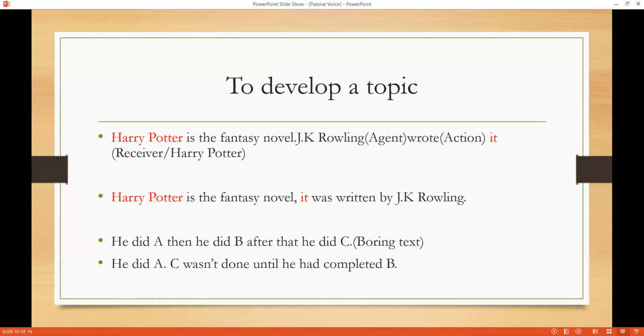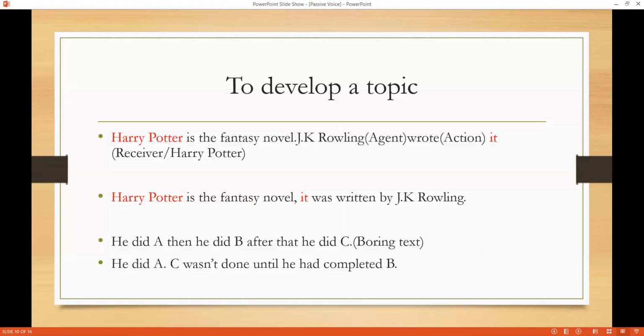J.K. Rowling wrote it. That can throw off your listeners a little bit. So it would be better to write this sentence in the passive so we can focus on Harry Potter.